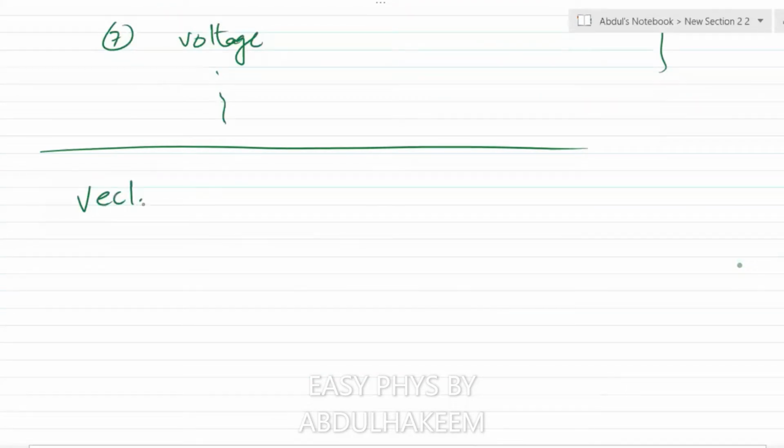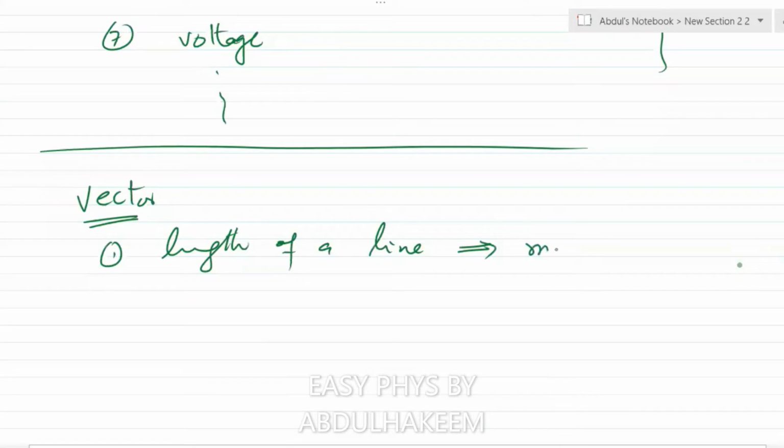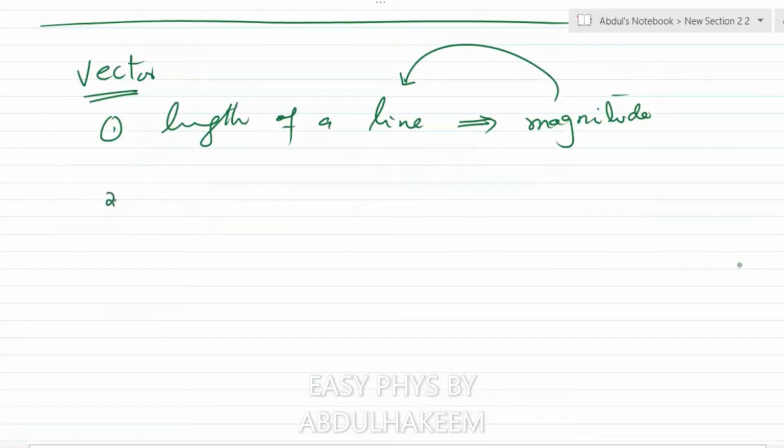A vector is represented by number 1, the length of a line to show its magnitude. So the magnitude is represented by the length of the line. Number 2, the arrow on the line to show its direction.